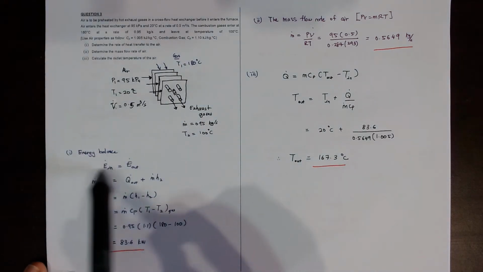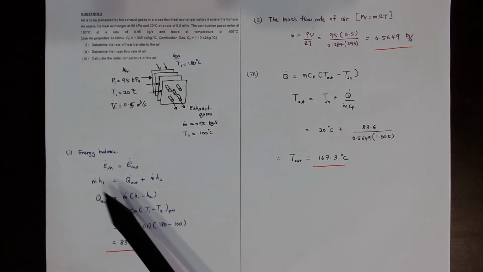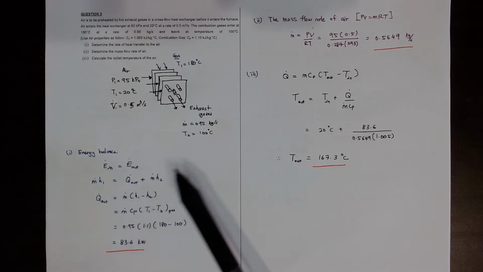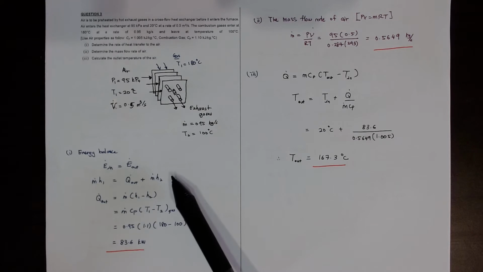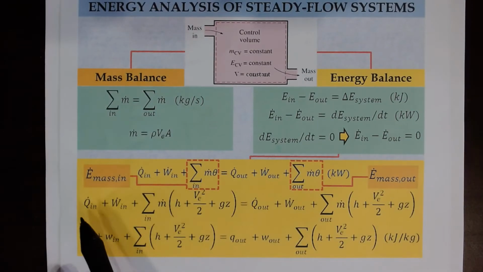Okay, so the energy balance equation. This one is quite interesting. Some will ask why there is no kinetic energy or gravitational effect, which is normally related to the potential energy. So just leave it. If you look at this equation, we have heat in, so there is Q here.